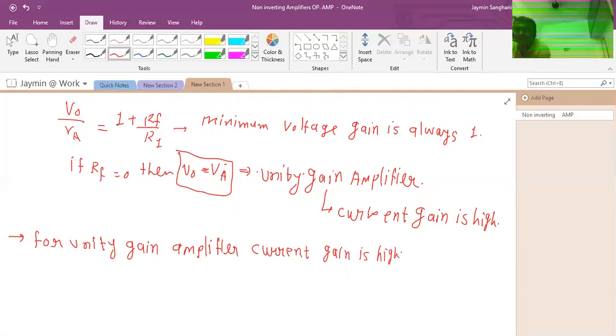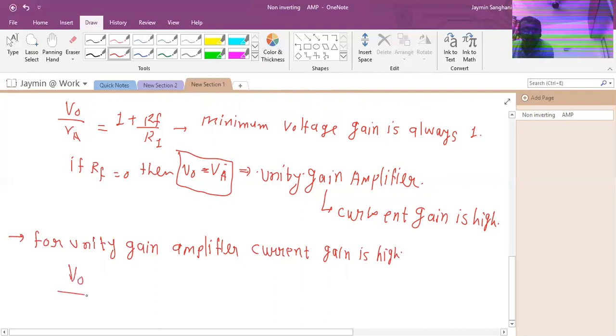And if you can see this equation, V0 divided by VA, or we can say V0 divided by V in, equal to 1 plus RF divided by R1. What is the meaning of that?